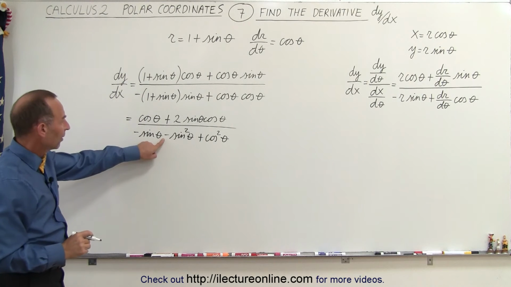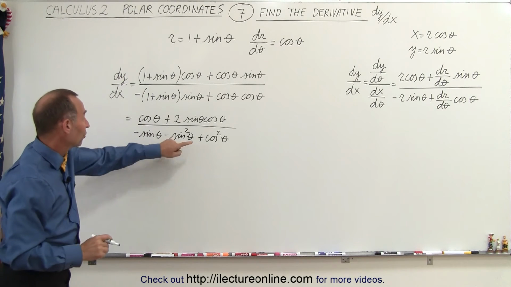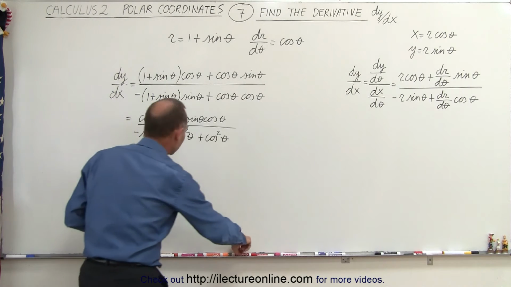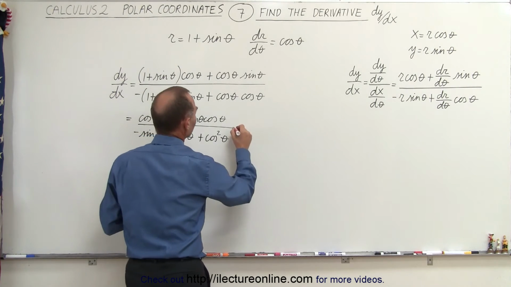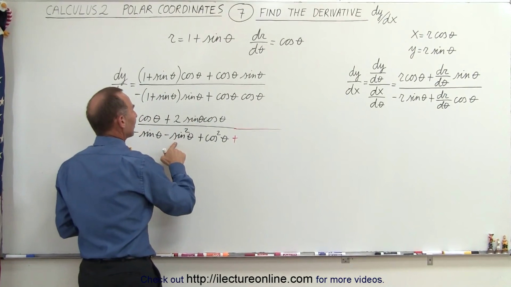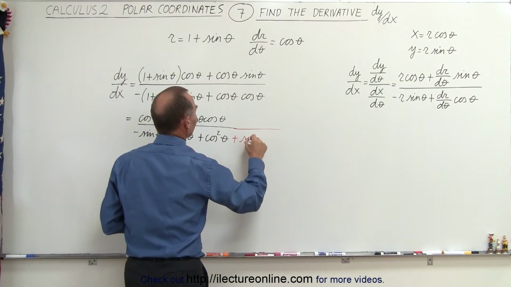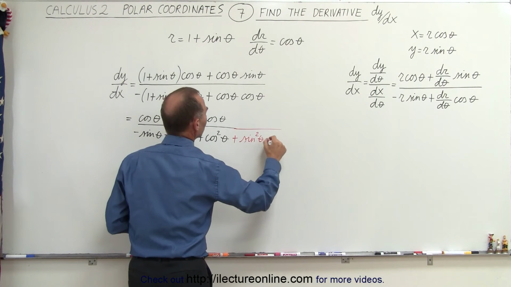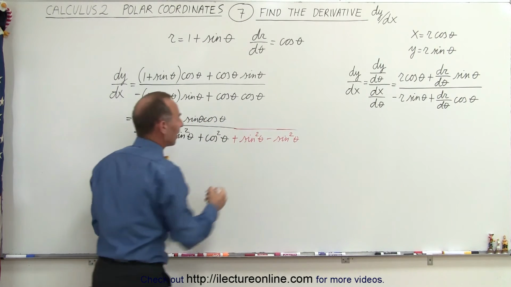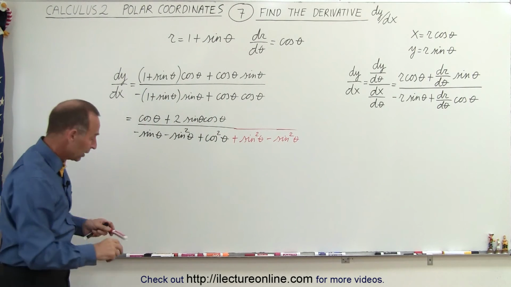Wow, too bad this isn't a positive, because then we can just turn this into a 1. But what we could do in the denominator to make things maybe a little bit simpler, in the denominator we're going to add a sine square of theta plus sine square of theta, and then subtract the sine square of theta. So we're just doing that in the denominator. Why do we do that?